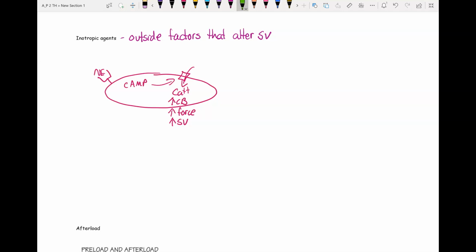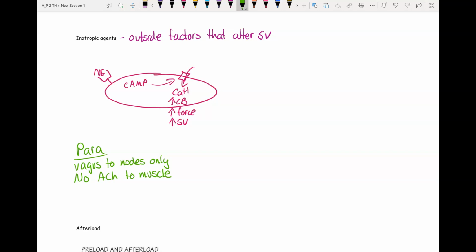So if you remember parasympathetic, remember when we first drew that picture, we had the picture of the nerves going to the heart? The vagus goes to the nodes only. Remember, the vagus does not branch down to the ventricles. So there is no acetylcholine to the muscle cells.